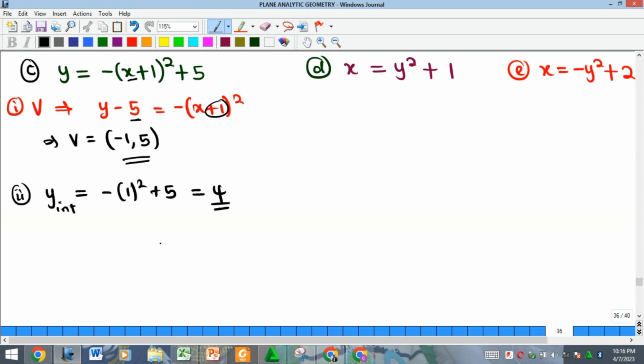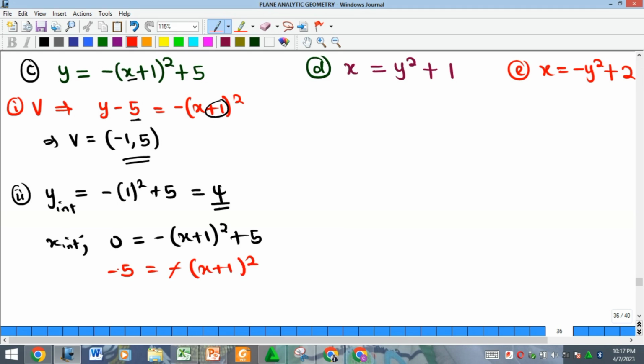For the x-intercept, let's do it this way. We make our y 0, and we will have 0 is equal to minus (x plus 1) all squared plus 5. So let the 5 go to the other side. That will be minus 5 is equal to minus (x plus 1) all squared.